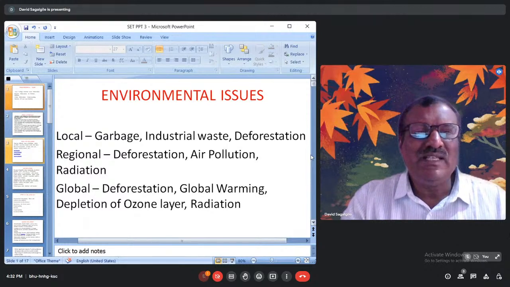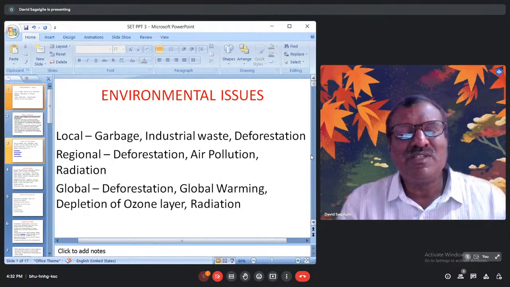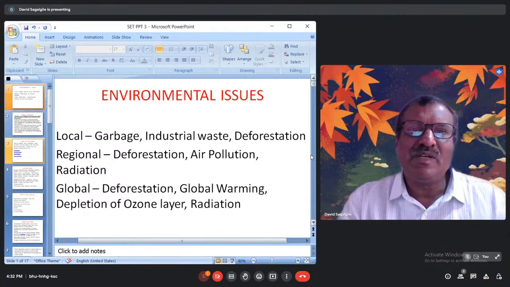Then we see global warming also. Because of global warming, the entire world is getting affected on a very huge scale. Climate changes are happening. We see that most of the islands are getting lost. It is not because the pollution is created on these islands, but because of the pollution that has been created worldwide, because of global warming, because of climate change.